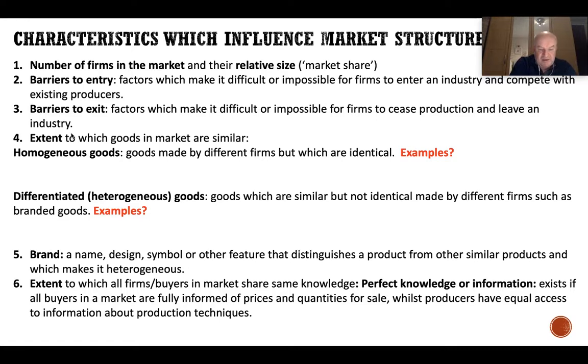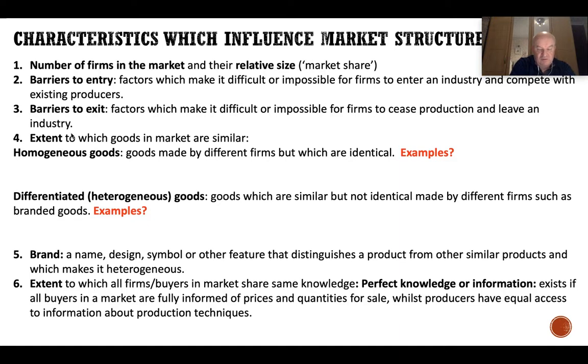So the extent to which all buyers and firms share the same knowledge is another principle. Having perfect knowledge or information exists when all buyers in a market are fully informed of prices, quantities for sale, and also producers have equal access to information about production techniques. So fundamentally, everybody knows exactly what's going on.